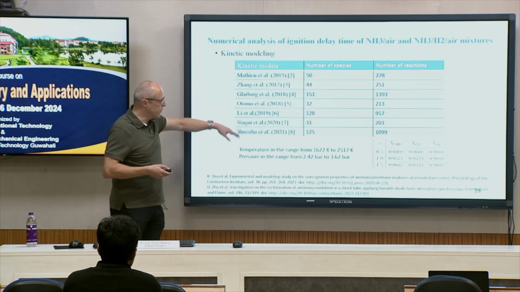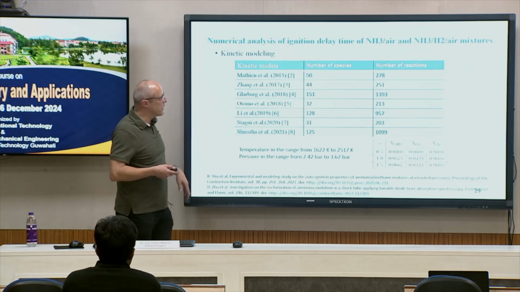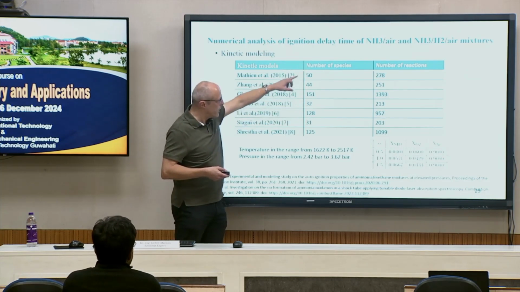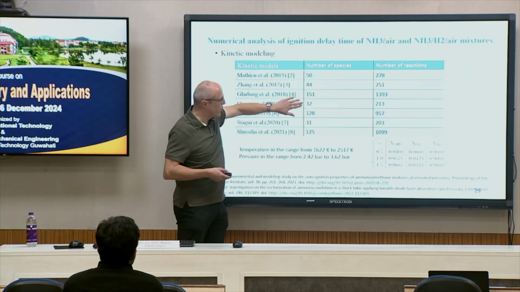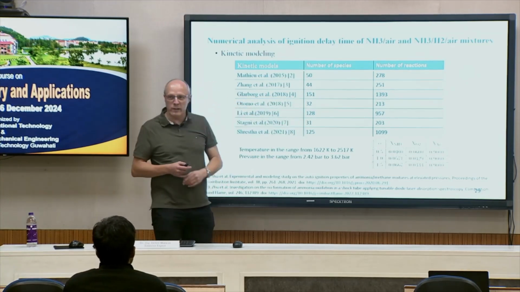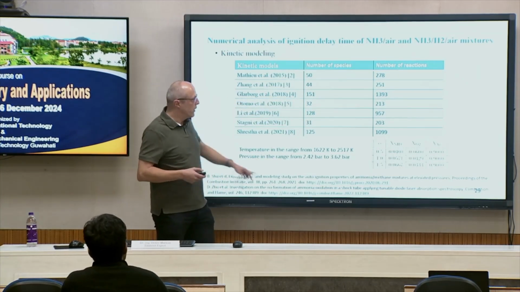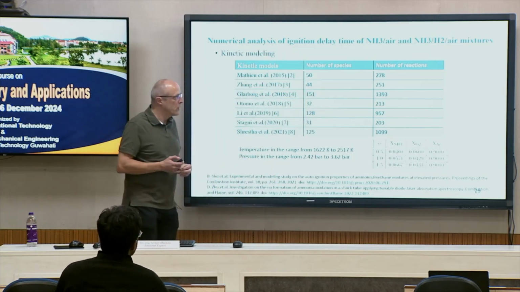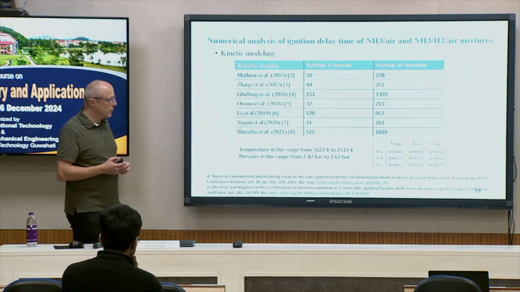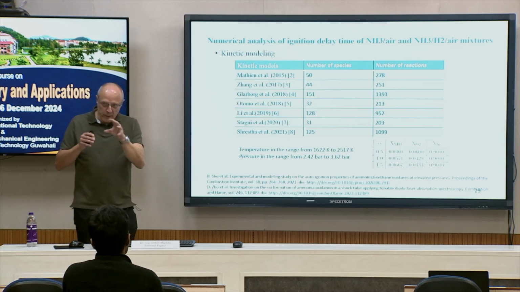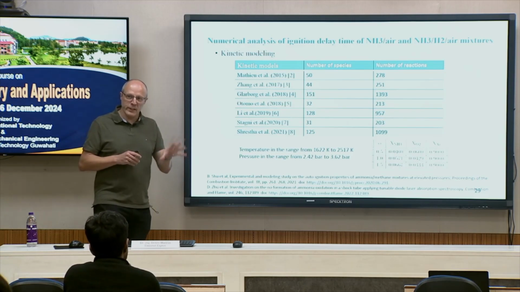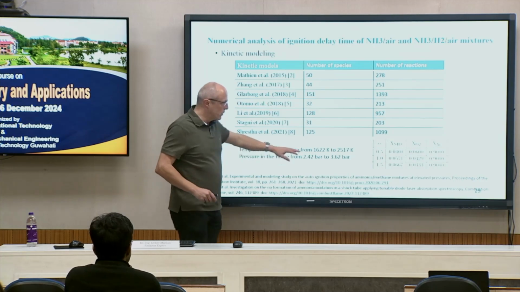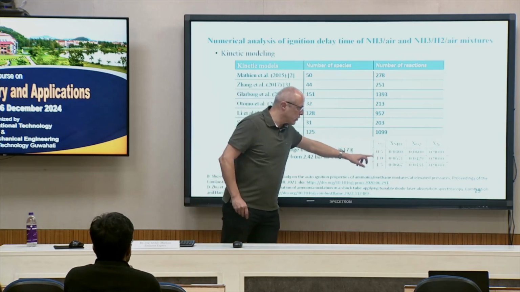Therefore, we played with a list of different mechanisms here. You see they have quite different numbers of species, from 31 up to 128 species, and also quite different numbers of reactions are included, because all these mechanisms were developed for a specific aim. Then, okay, we also changed the mixture composition.